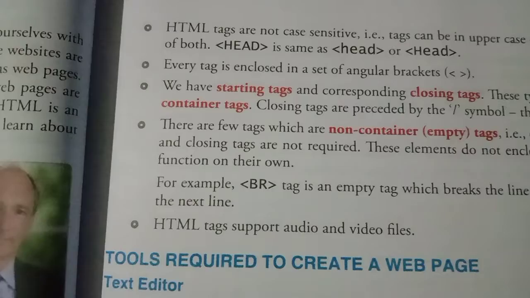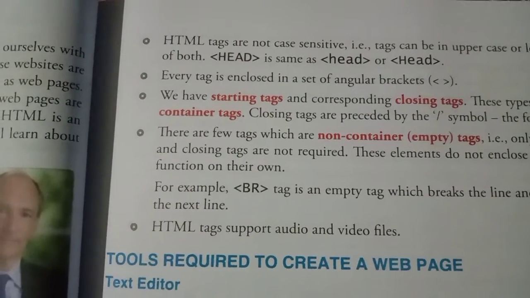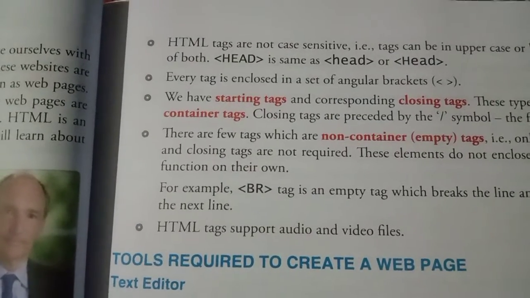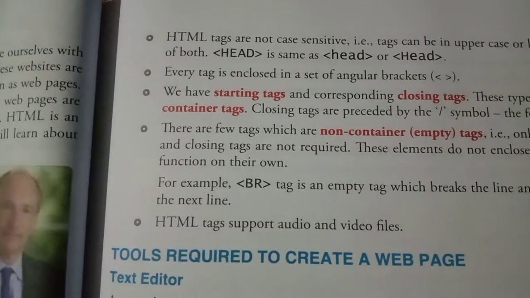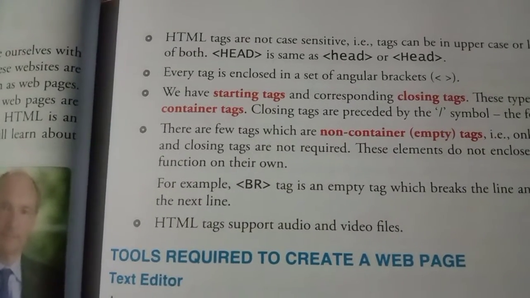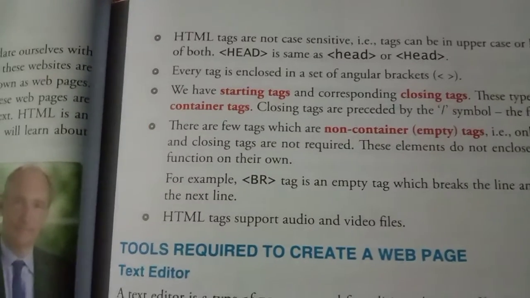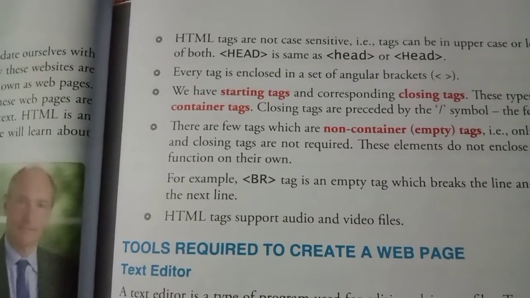I already told you the full form of HTML, Hypertext Markup Language. We frequently visit the internet to look for information, check our emails, update ourselves with the latest news, make friends on Facebook, etc. You may have wondered how these websites are developed.